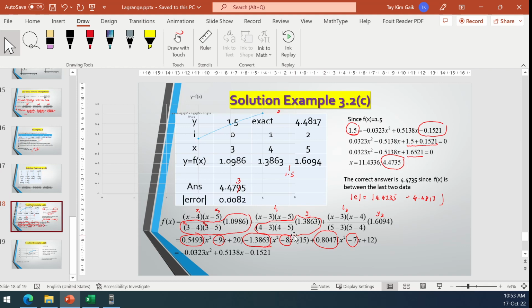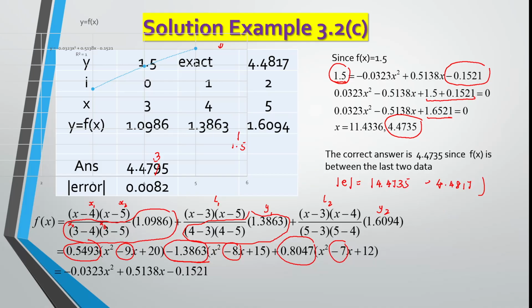This one is manual, we use the quadratic Lagrange interpolation formula, you calculate manually, you got this one. So to obtain this equation using Microsoft Excel, if here we involve 3, 4, 5 points, make sure you just take out these 3 points. If you take all the points, even though you can get a quadratic equation, it will be a different equation.